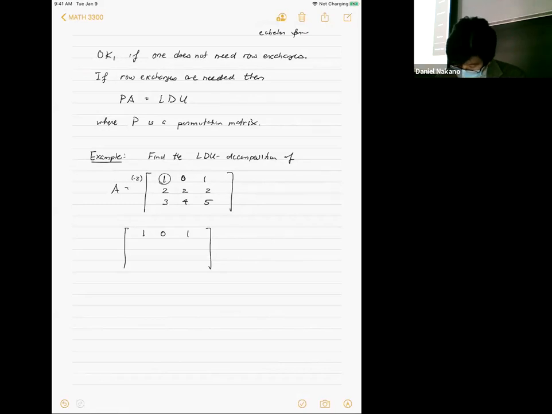So what do we get here? 0, 2, 2, 0, 0. In the process of doing this, we're multiplying the matrix A on the left by an elementary matrix that has 1s down the diagonal and a non-zero entry in the off-diagonal spot in just one place. So where do we actually put, or what entry do we put in this matrix? We put it in the 2, 1 position.